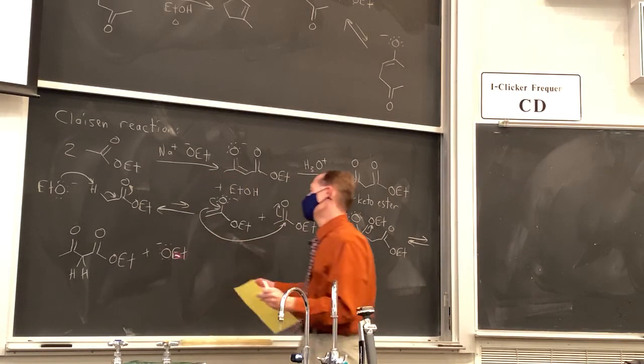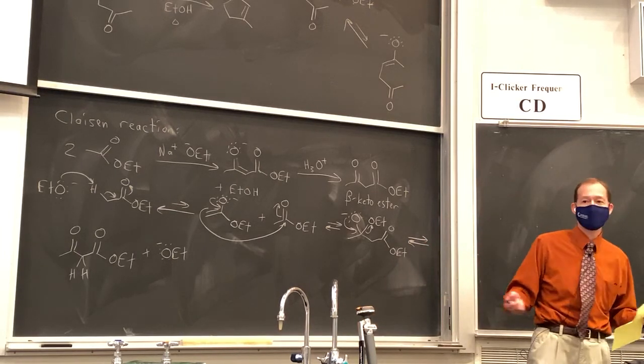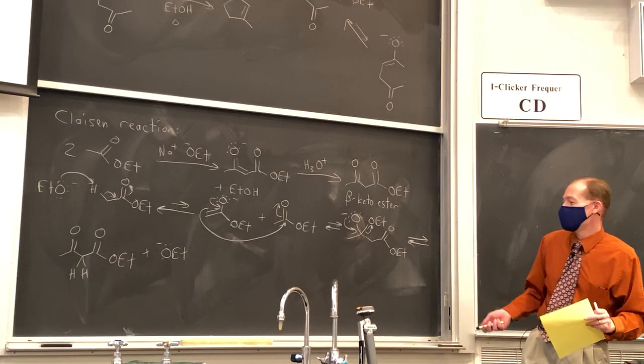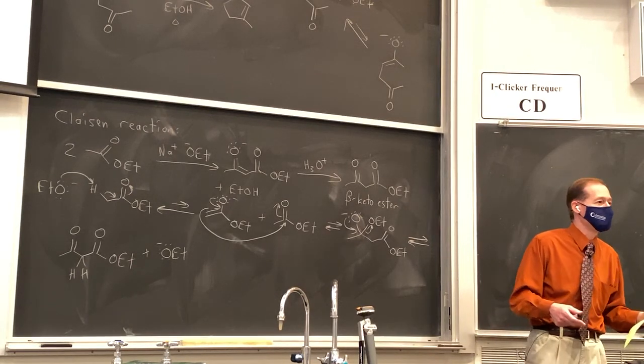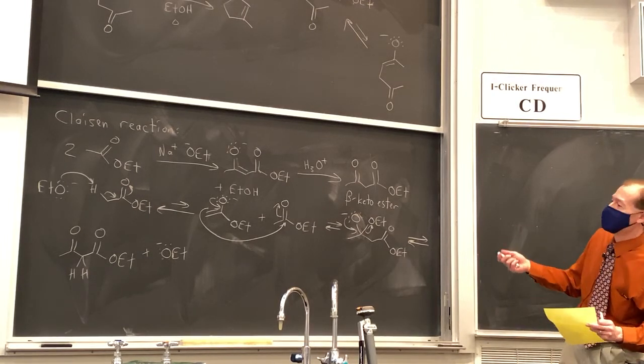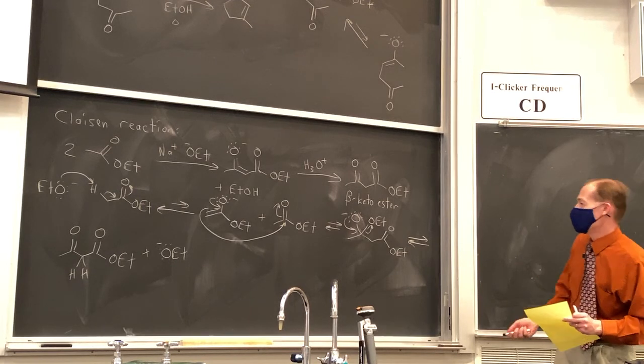Can these two components coexist in solution? The answer is no. What happens when you have ethoxide and a beta ketoester? Deprotonates. It's up on, maybe we erased it. It was on a board, or maybe it was on the screen.